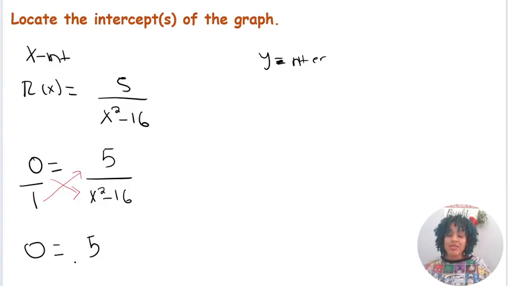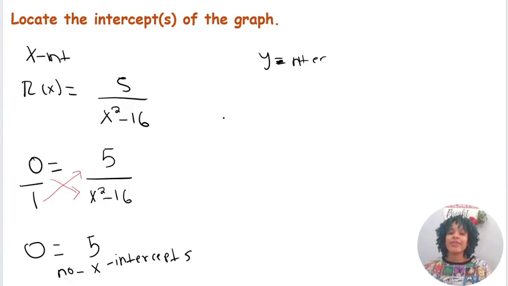Well, I am left with this statement here, which is not true because 0 does not equal 5. Therefore, this right here does not have any x-intercepts. That means that this function does not cross the x-axis. All right? So no x-intercepts. I don't want to have to keep writing the whole word, but there it is.